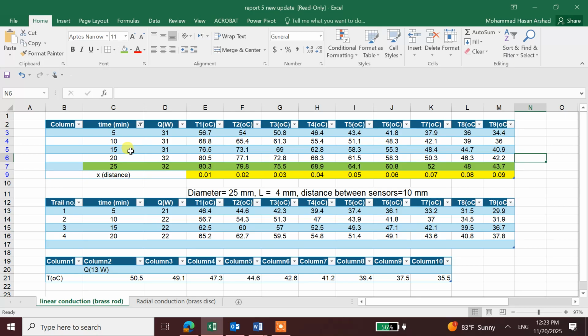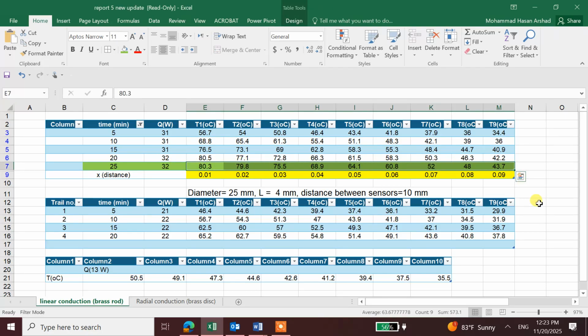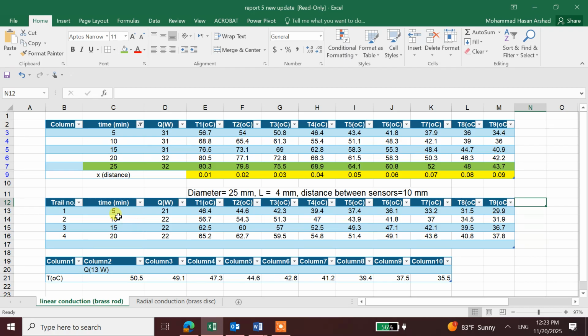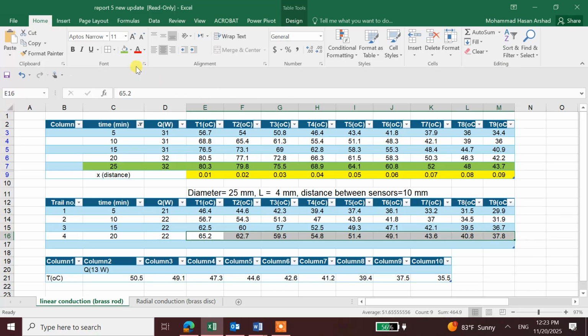For the calculation we will use the steady state profile. Steady state means at 25 we assume that it reaches the steady state. Similarly here, this is the final one. We will use this temperature profile.